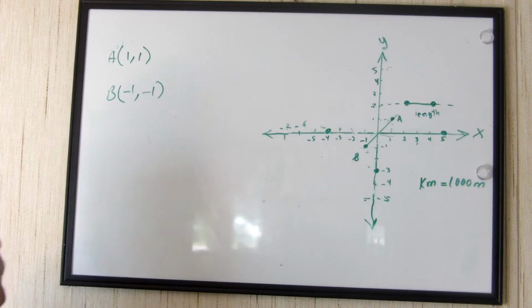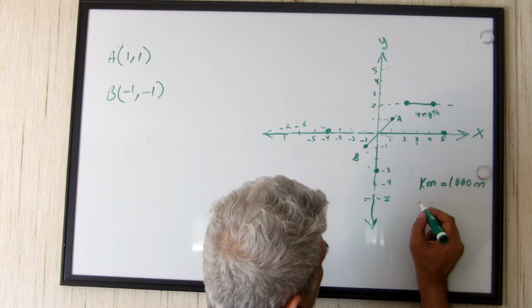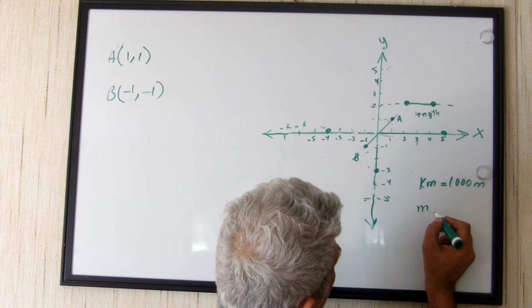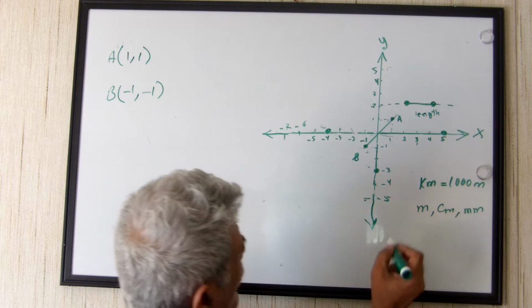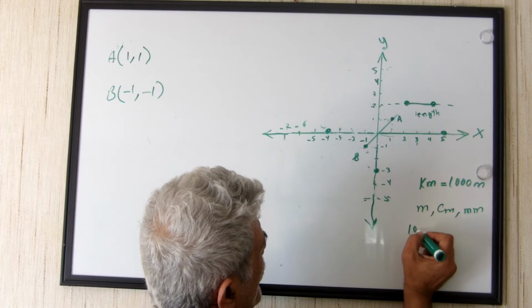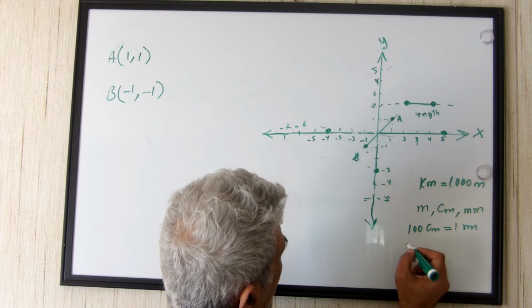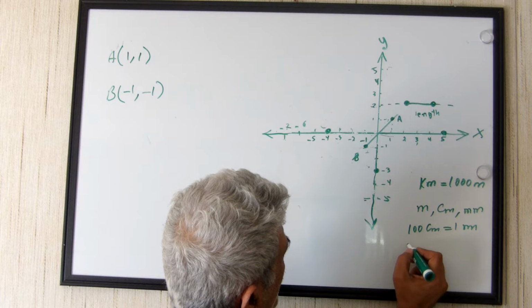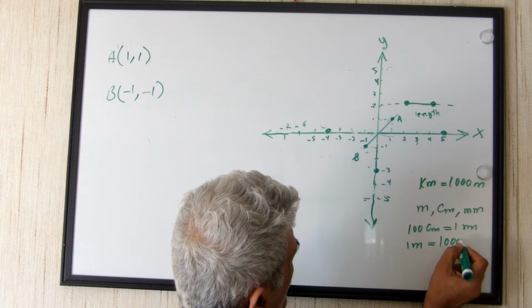If we talk about the metric system, lengths are always in meter, centimeter, or millimeter. 100 centimeters is equal to 1 meter, and 1 meter is equal to 1000 millimeters.